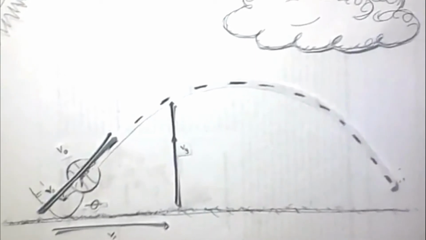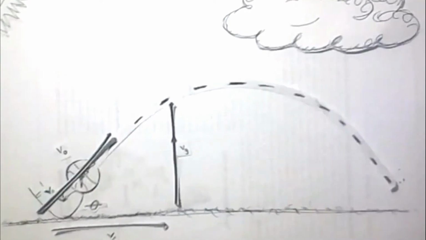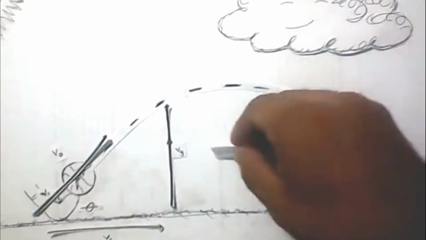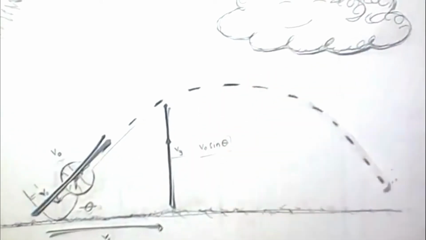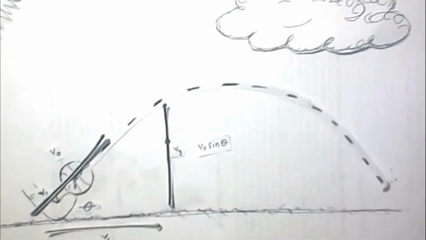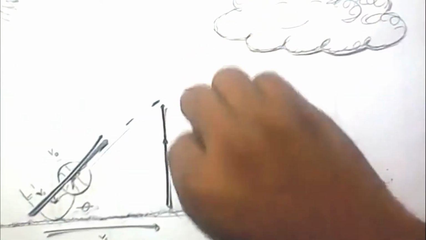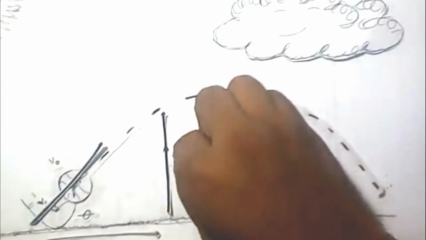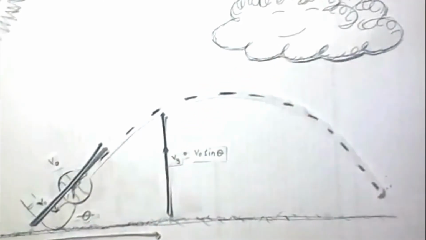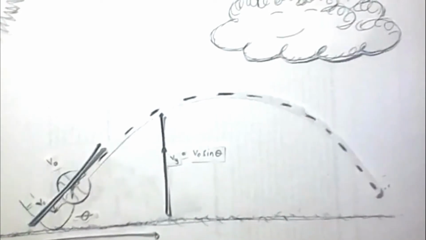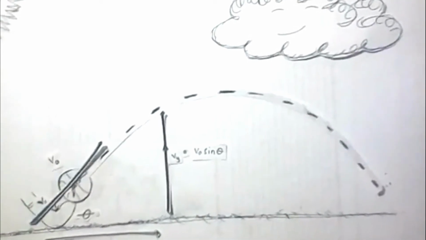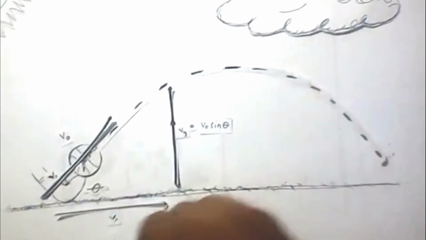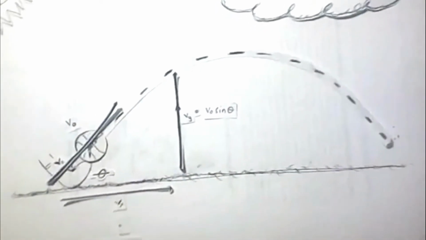How do we get the y and x components of the velocity? The y component is equal to the original velocity, or the initial velocity, multiplied by the sine of the angle. The velocity along the x-axis is given by the cosine function, that is V0 cosine theta.